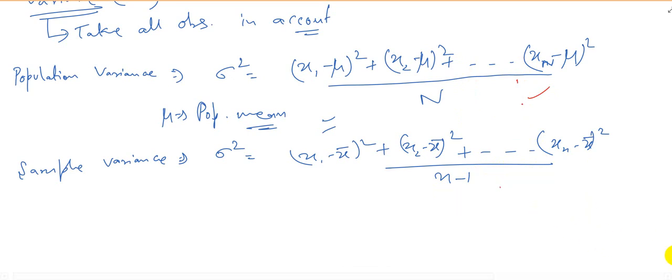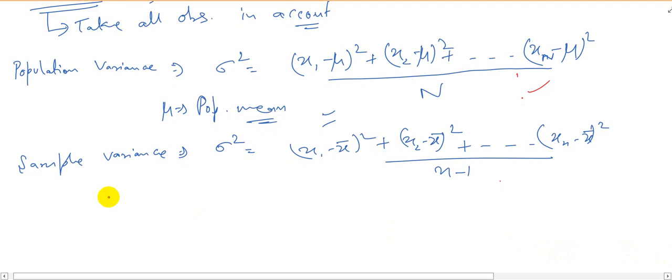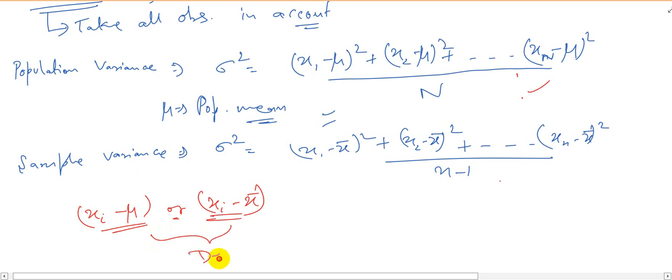Let us look at this closely. What is this value, xi minus mu, or xi minus x dash, where xi is the ith observation? These two things are known as deviations. Okay, these are deviations about the mean.